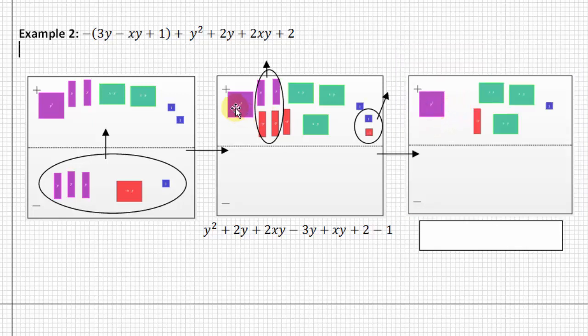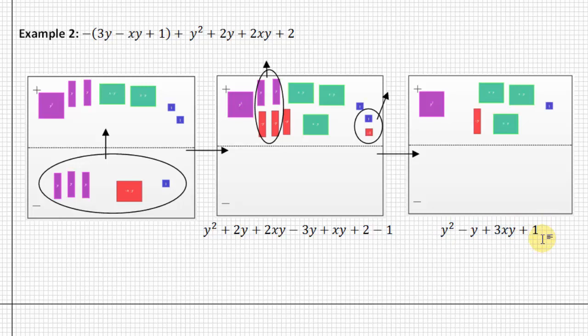What's left is our positive y squared, 1 negative y tile, our 3 positive xy tiles, and a unit tile. So let's go ahead and write that as a simplified expression. So we'll have something like y squared minus y plus 3xy plus 1. And this would be as simplified as we can get.